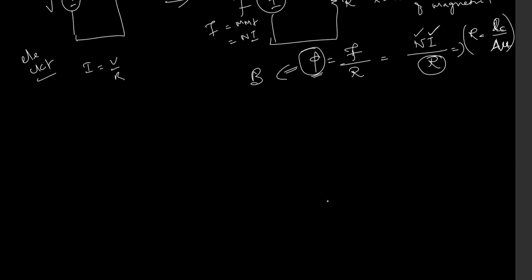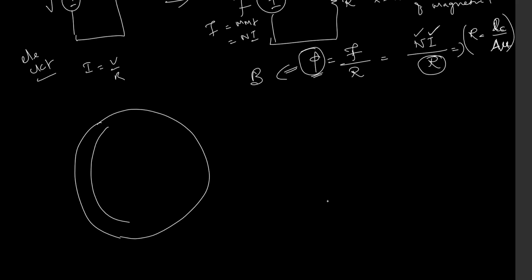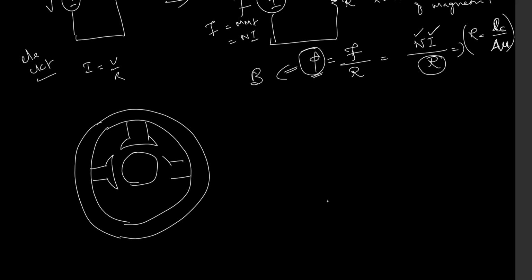Suppose a machine is having 4 poles. Let me draw the core, rotor. Now this is one pole, this is another pole, this is another pole.